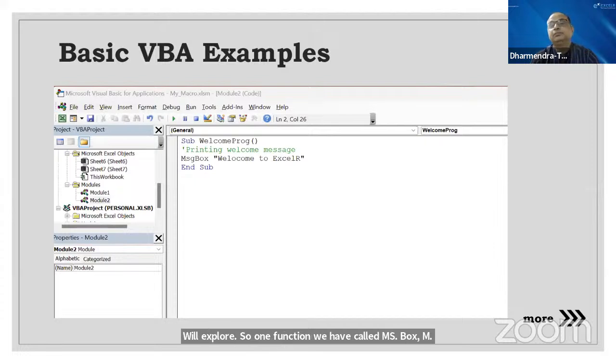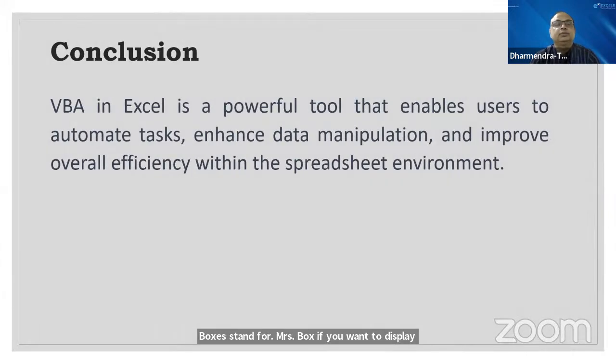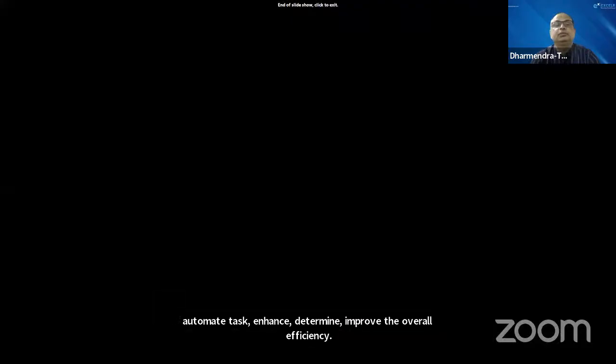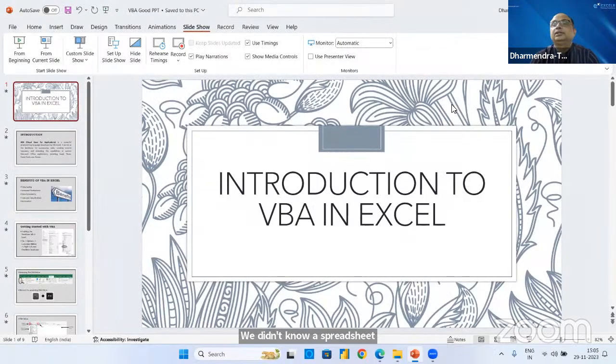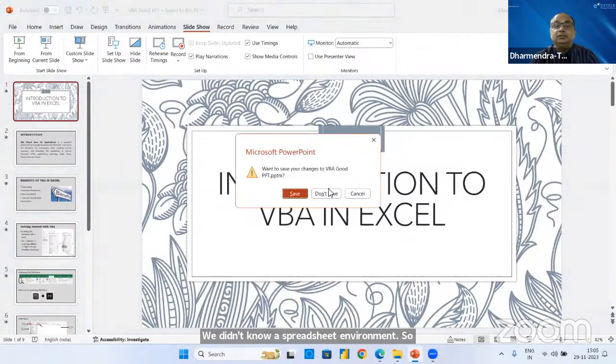If you want to display something on the screen, you can use this message box. VBA is a powerful Excel tool that enables users to automate tasks, enhance data manipulation, and improve the overall efficiency within the spreadsheet environment. Let's see the practical part now.